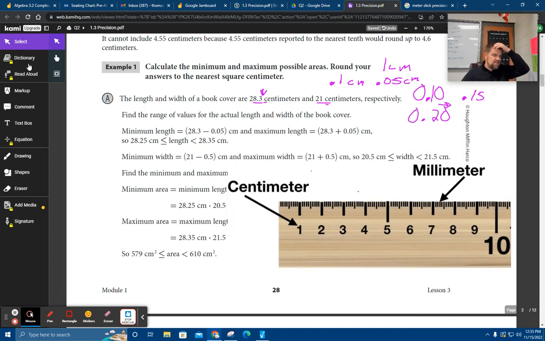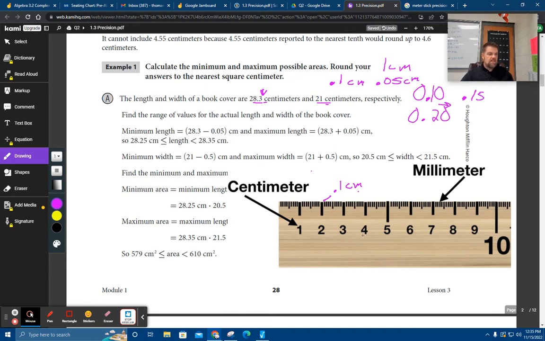So when they say 28.3, what they're really saying is, okay, each one of these little lines is 0.1 centimeter, right?